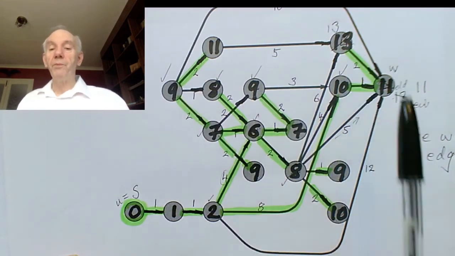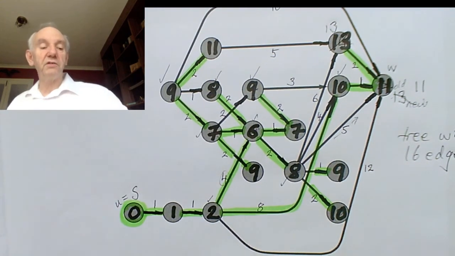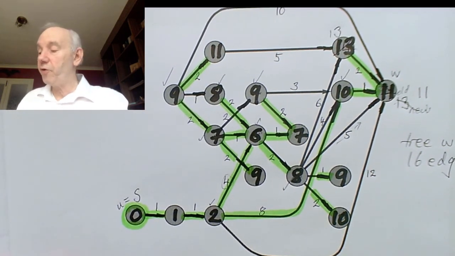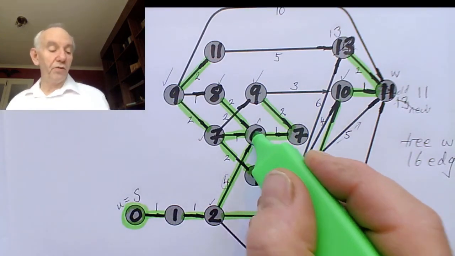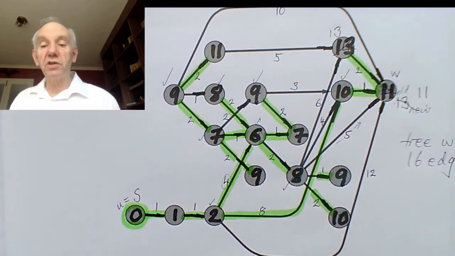That looks right. And this tree contains shortest paths to each vertex. They won't all be unique, but it contains them. I know that's the case because all the edges I've added have the property that the difference of the two distances is the weight, remember all these black distances are the shortest distances.